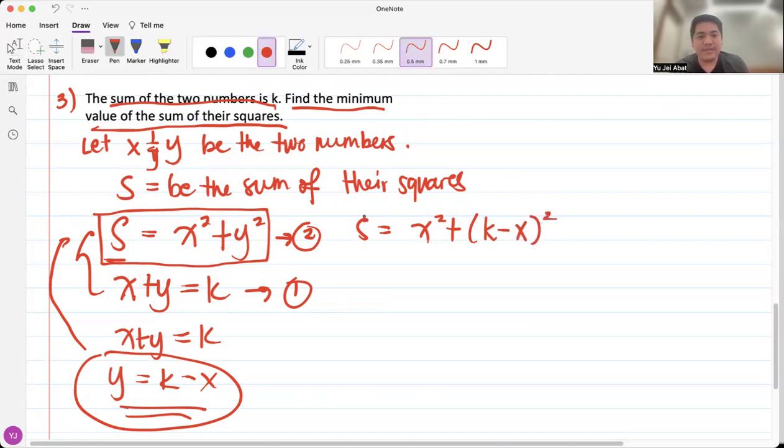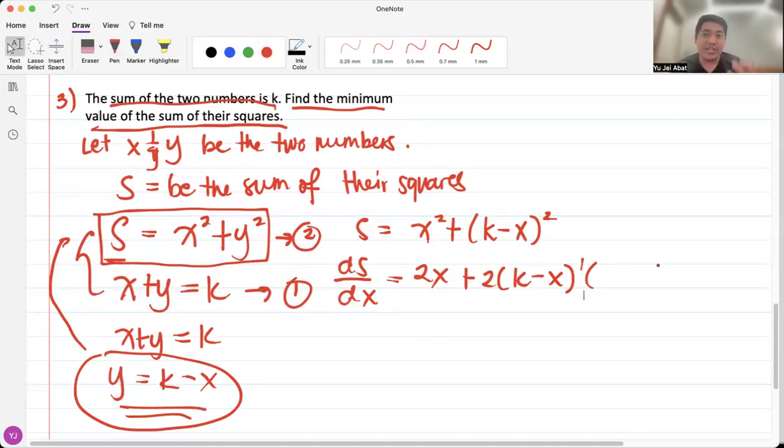If I differentiate with respect to x, I'll have 2x plus 2 times k minus x raised to 1, of course. Then the derivative of the inside function, k minus x: k is considered a constant, so that's 0, and the derivative of negative x is negative 1.